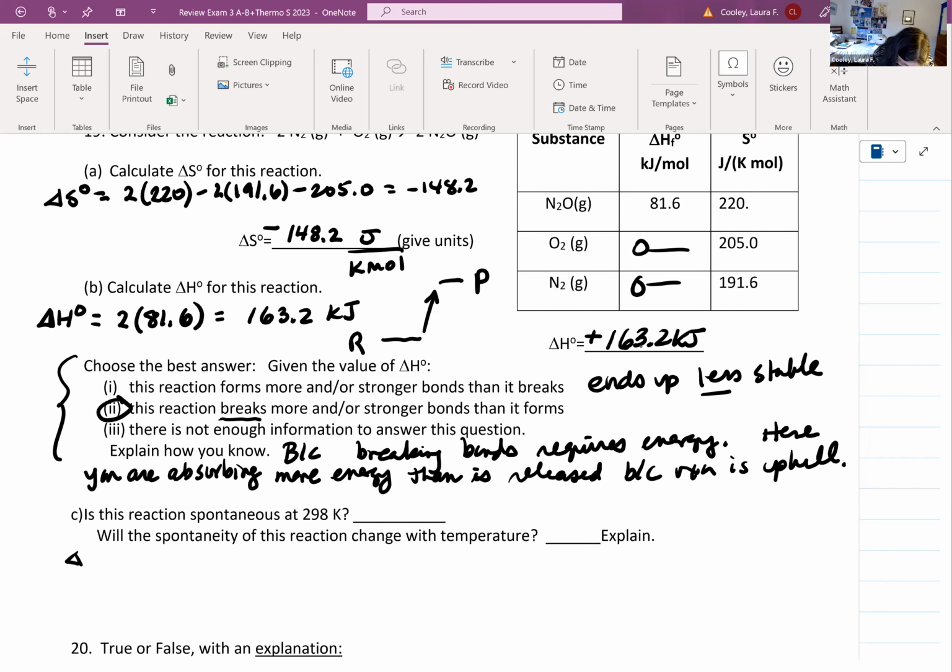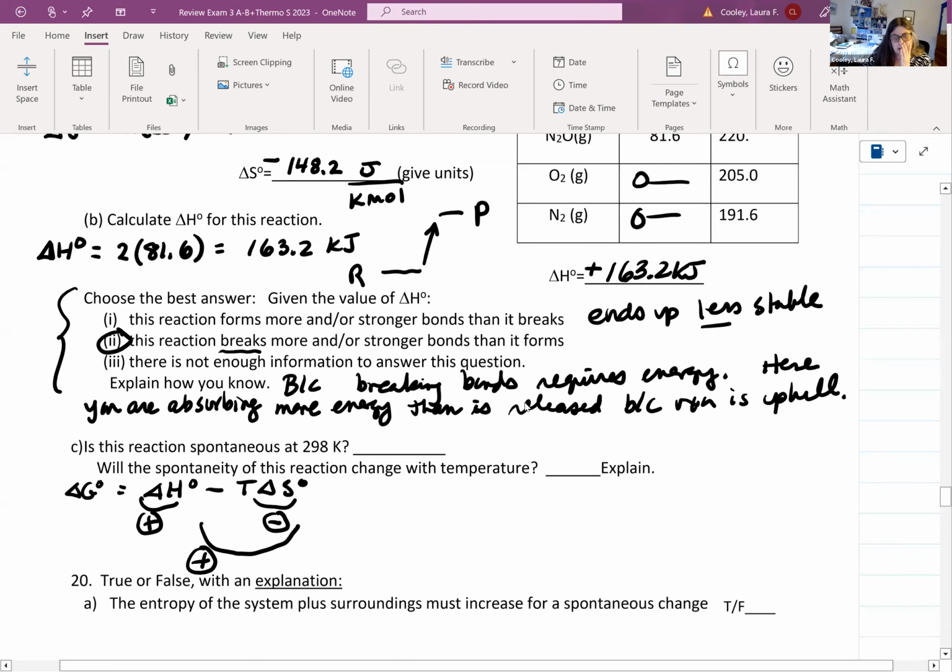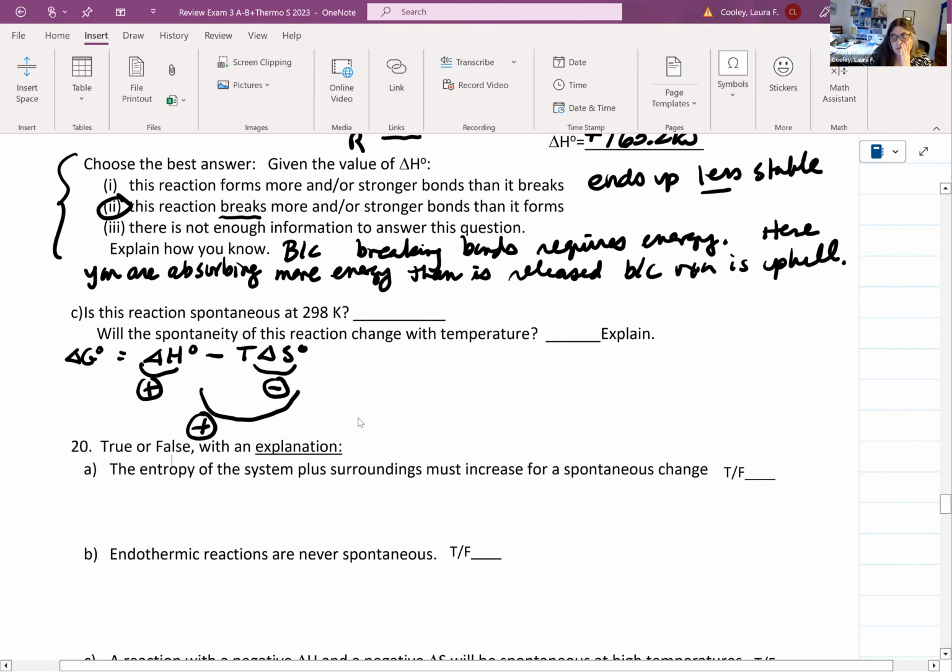We have delta G. It's delta H minus T delta S. Delta S is negative, delta H is positive, so negative T delta S is also positive. So what's the answer to this question? What happens when you have 2 terms that are the same?